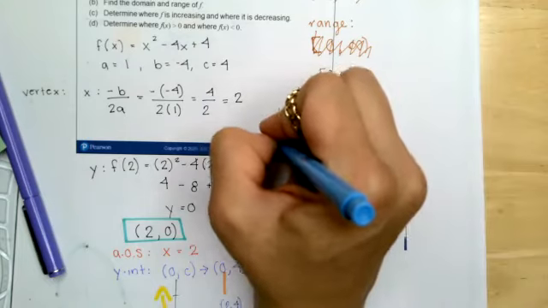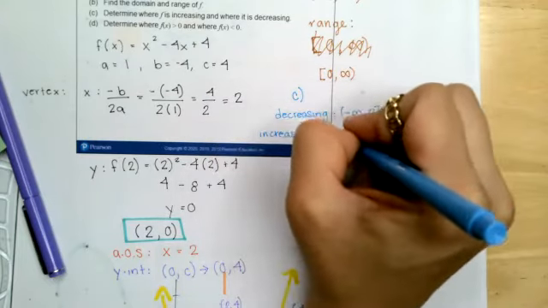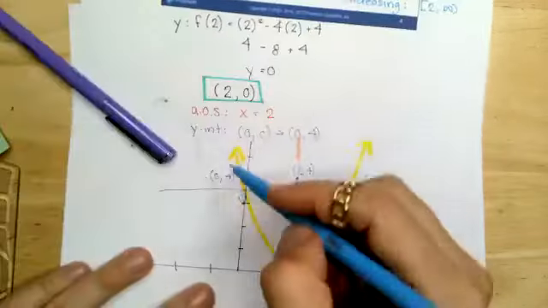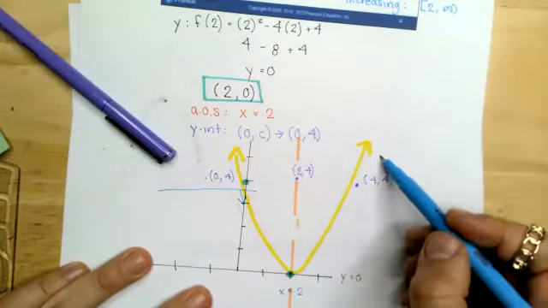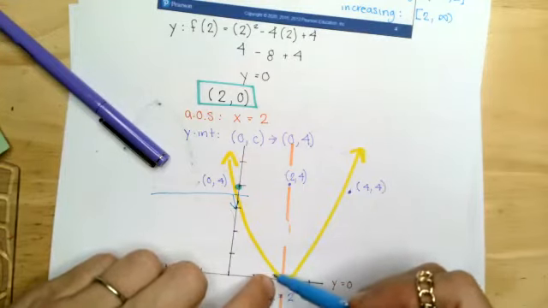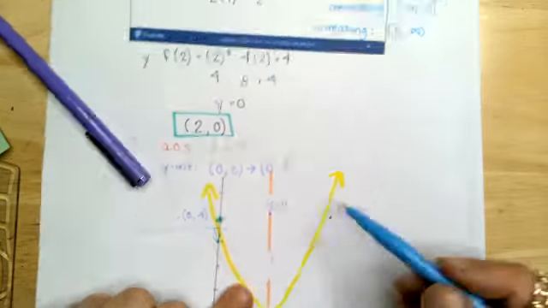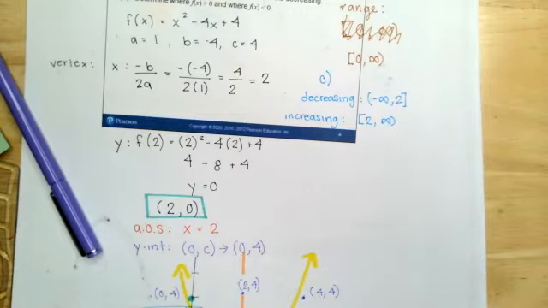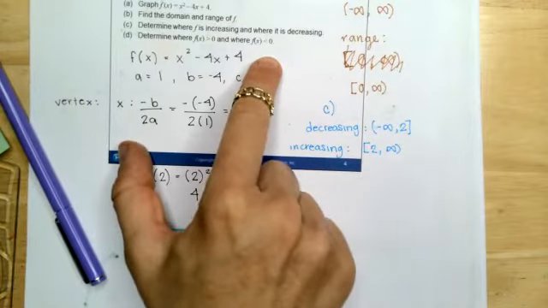Then it's increasing from 2 to infinity. It goes down here, it goes up. At this point, it can be decreasing and increasing at the same time, because from this point to here, it's decreasing. From this point to here, it's increasing. So that's why we have brackets on the 2 in both answers.